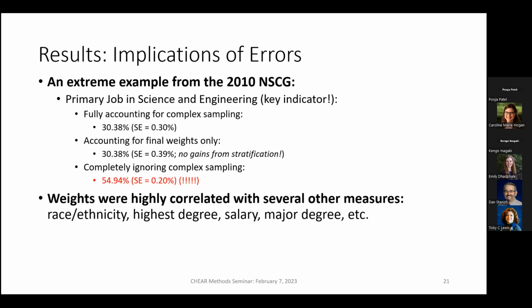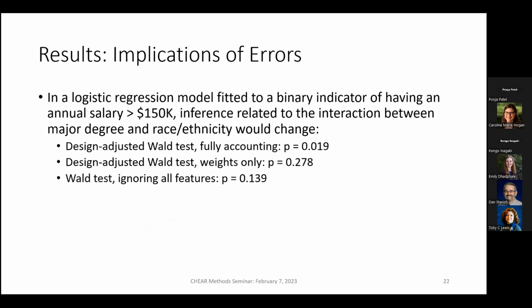It's because the weights were highly correlated with a lot of these key measures. It's not just for descriptive estimates. In a logistic regression model that we fitted to a binary indicator of having an annual salary greater than 150,000, looking at the interaction between major degree and race ethnicity, another very common research question, the conclusion would change.